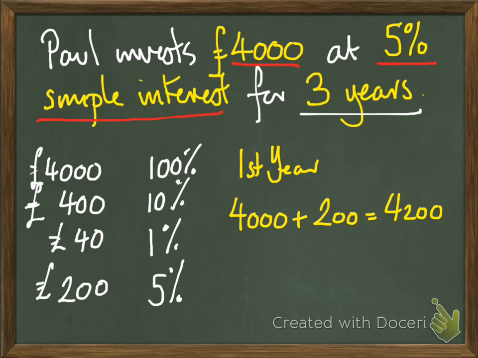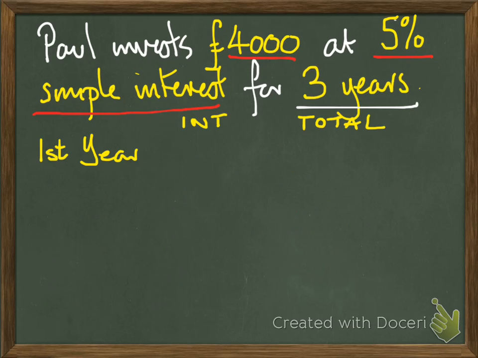So that's the end of the first year. Now I can complete the rest of the calculation, because I have been asked for amounts over 3 years. I know that in the first year my interest is £200. If I add that on to the original amount of 4,000, I end up with £4,200. That will make sense so far, doesn't it?